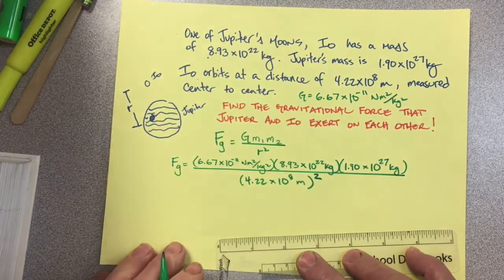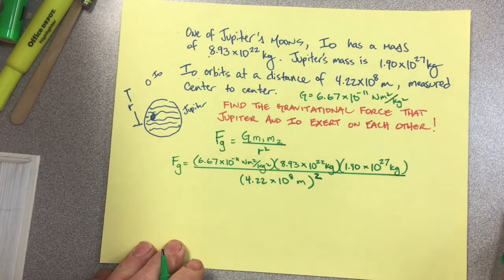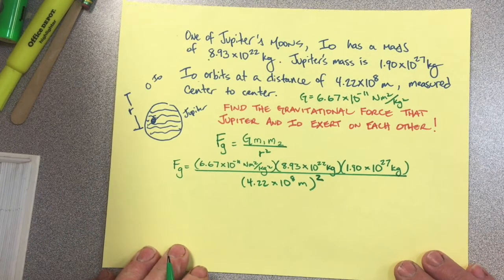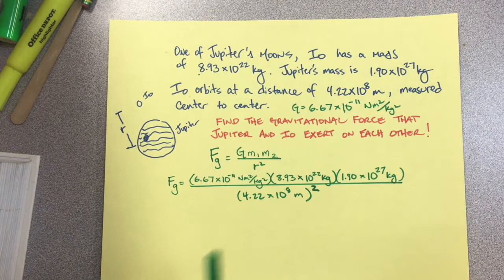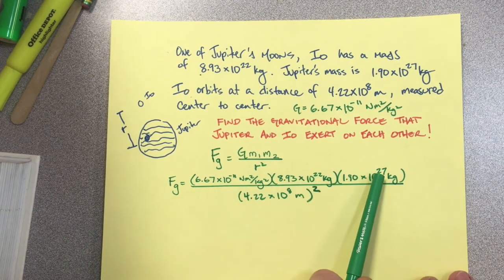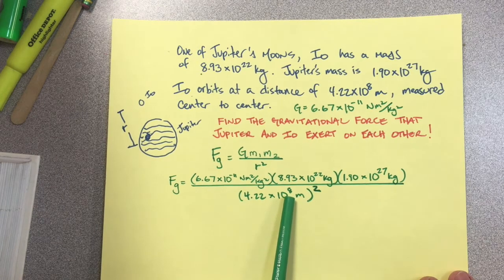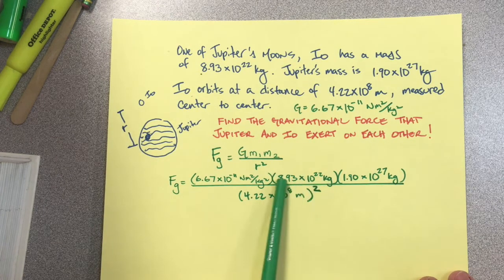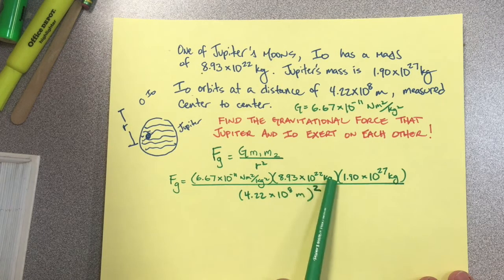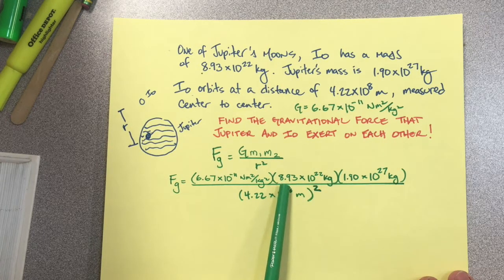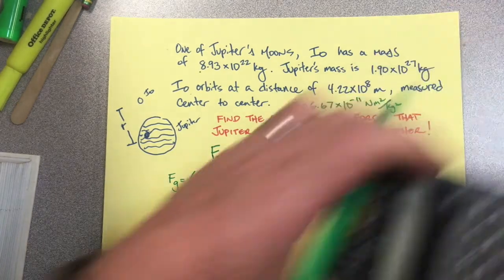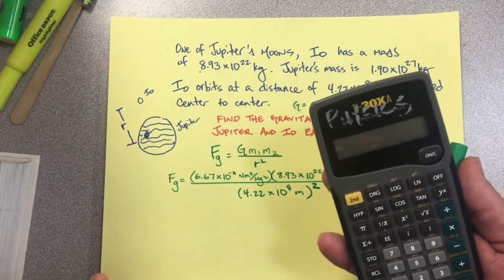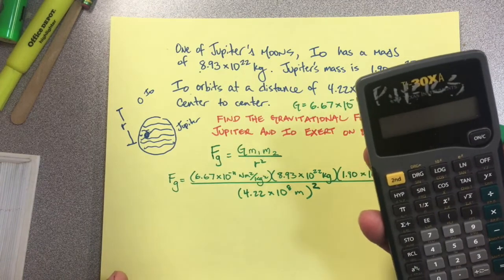Now, here's the point I'm trying to make. I think it's probably obvious to you that these numbers are really small, really big, pretty big, and then you square it, it gets really big. And so you can't enter a number like Io's mass, 8.93 times 10 to the 22nd, straight up into your calculator without using scientific notation.